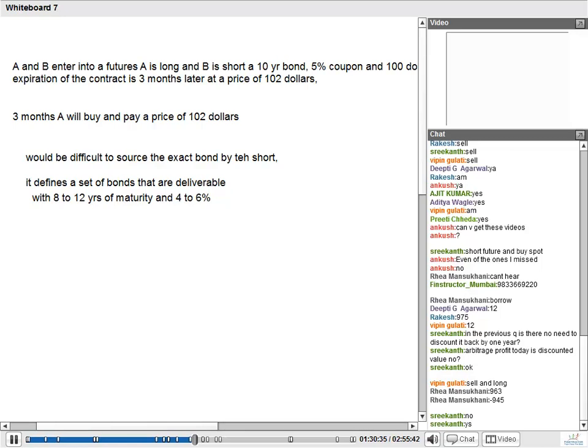Even though they agreed upon the price of a 10-year 5% coupon bond, the short will be allowed to deliver any bond within the given range of maturity and coupon.